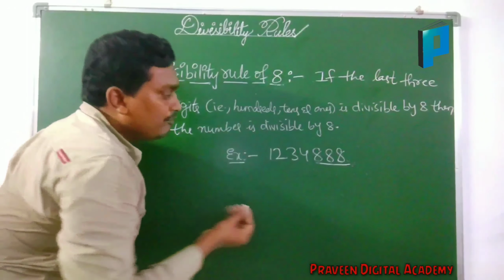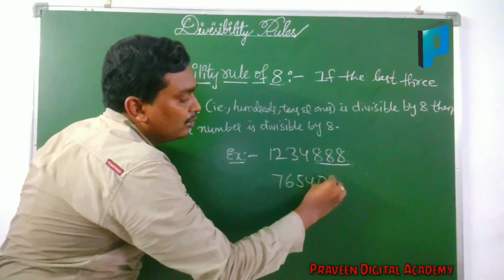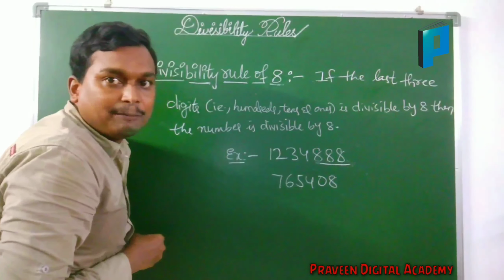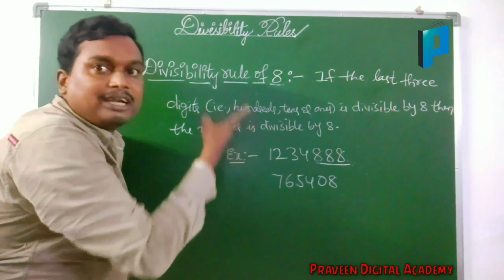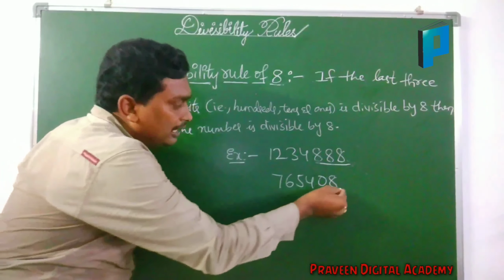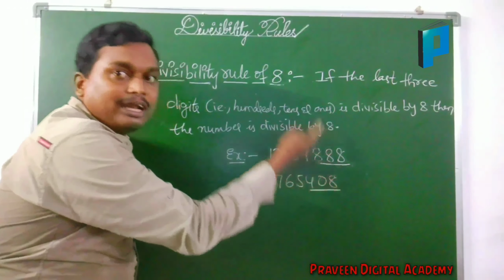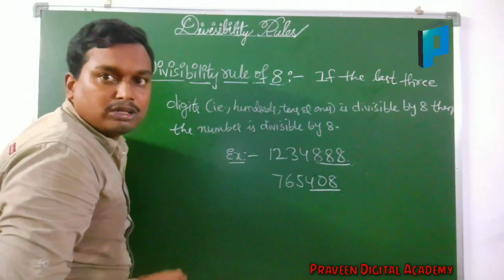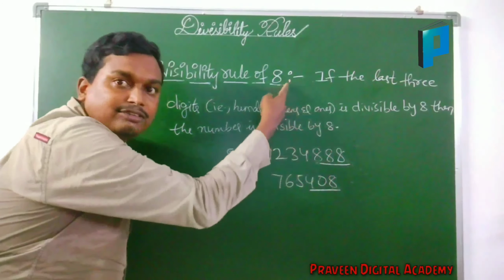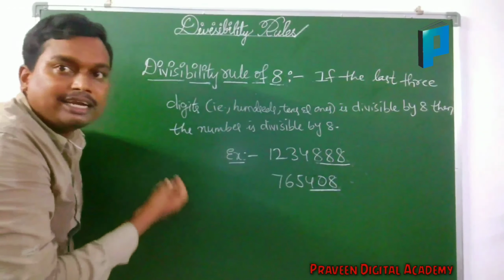If you are having a number like this, 7, 6, 5, 4, 0, 8, you should check whether this number is divisible by 8 or not. How to check it here? Take the last 3 digits and check whether this number is divisible by 8. If 408 is divisible by 8, then the total number is divisible by 8. Let us check.